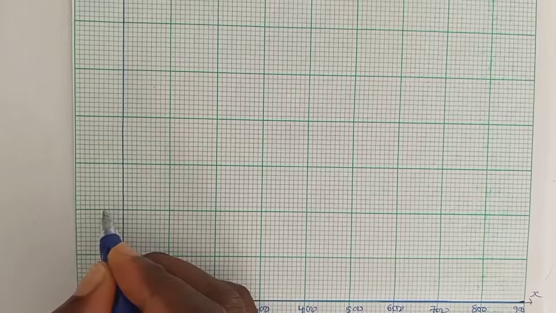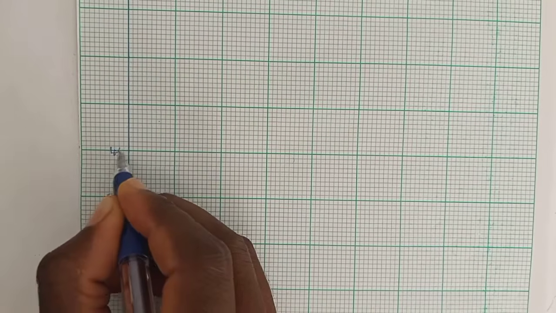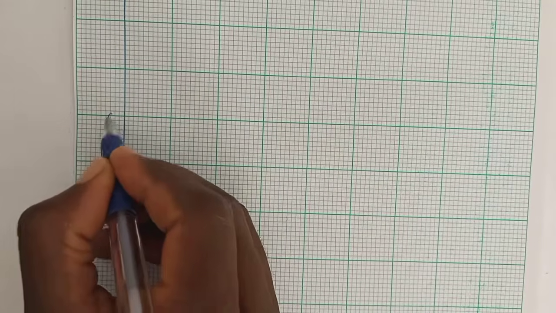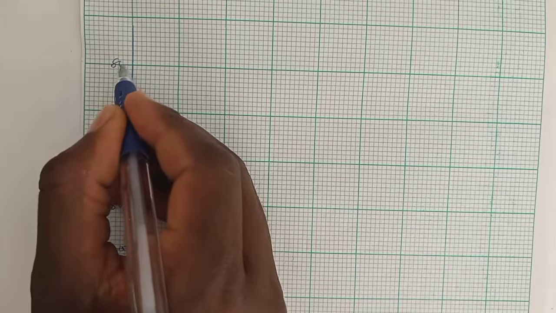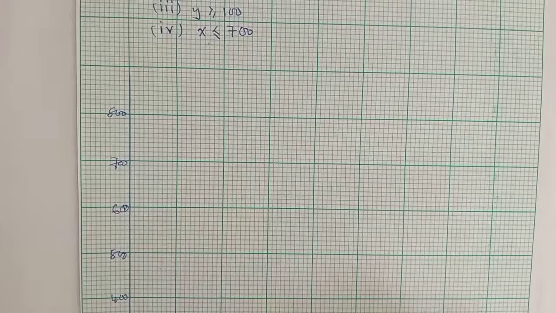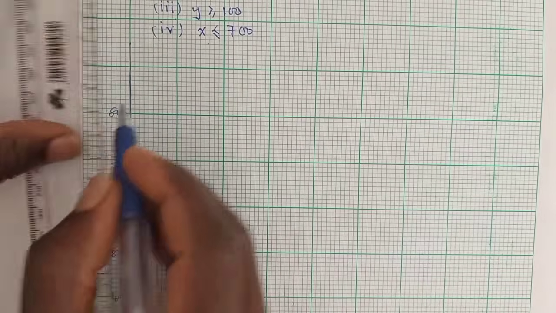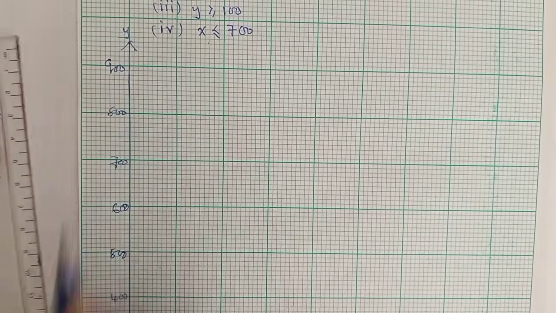So the first is 100, 200, 300, 400, 500, 600, 700, 800. Lastly, I need to put a little bit of space for 900. Lastly, it's 900 right here, and this is our y-axis.